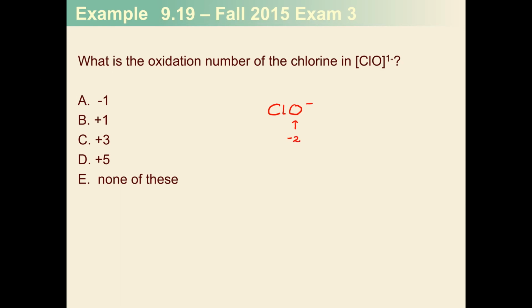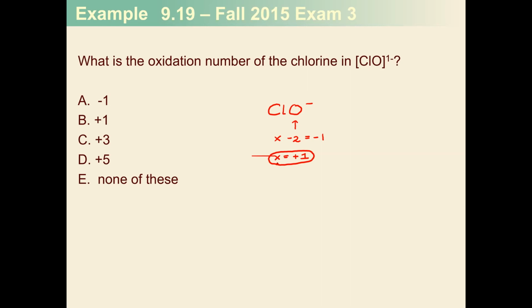So if that is -2, I need to determine the value for my chlorine that will result in a -1 charge being left over. In this case, you are going to see that my value for chlorine is going to be equal to +1. So while you are used to seeing chlorine as -1, in the hypochlorite anion, this is one of the examples in which you will see it as +1.